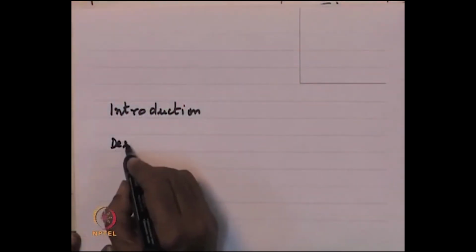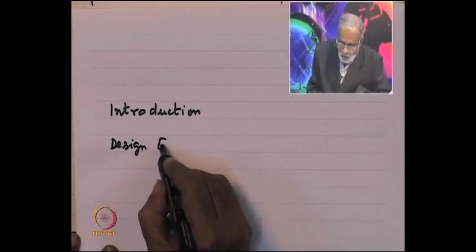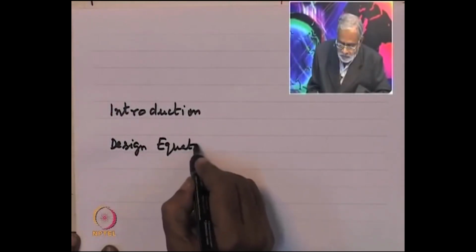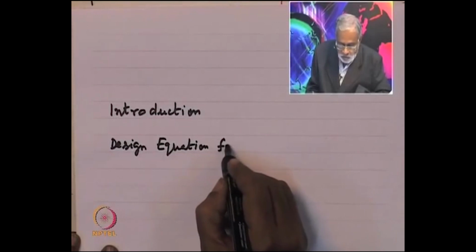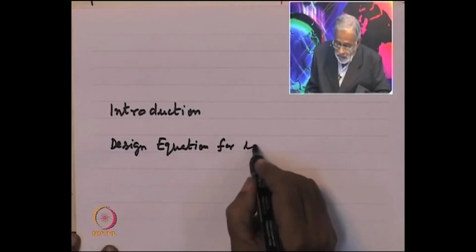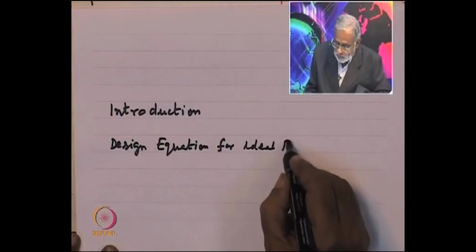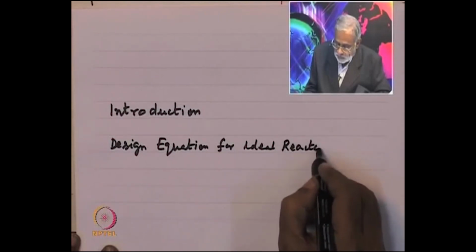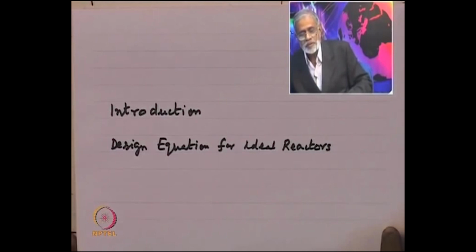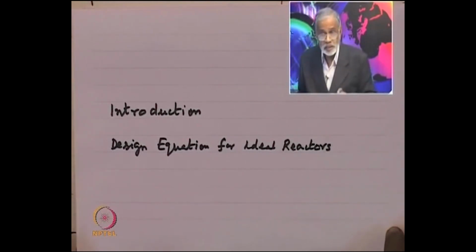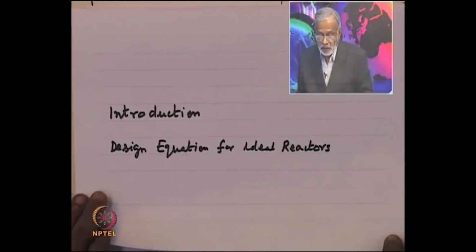I am sure all of you are familiar, but we will look at what I see as the design equation for ideal reactors. Now, we have a reaction equipment in which a certain reaction takes place, let us say A goes to B or A goes to B plus C, whatever.